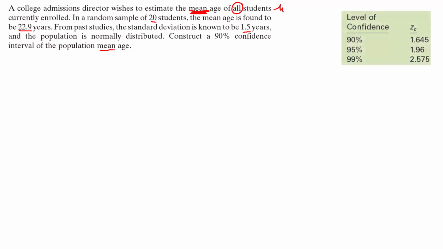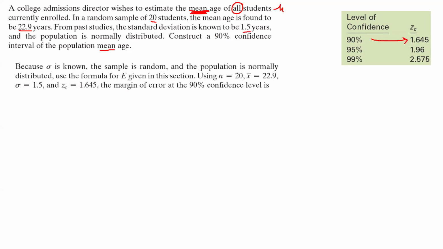Very good. So let us begin. Remember, if you have the level of confidence, you have the critical value. We already memorized this. And since it says 90% confidence interval, it means that the critical value is 1.645. Since sigma is given to us, we're going to use the margin of error using z. The sample is random and the population is normally distributed.